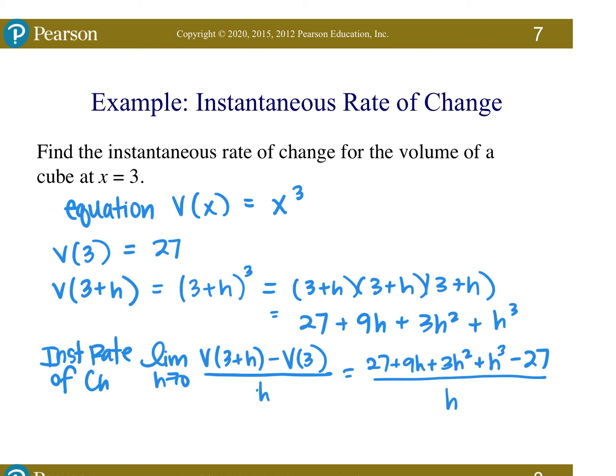Oh whoops, I'm going the wrong way. So what happens is that the 27s reduce away, and I forgot my limit. Don't do as I do, make sure you remember your limit.